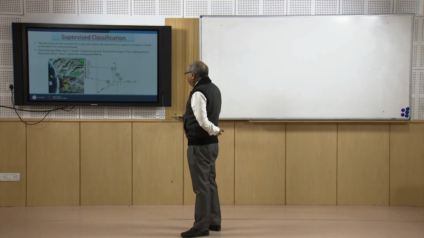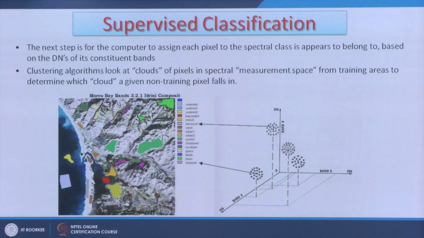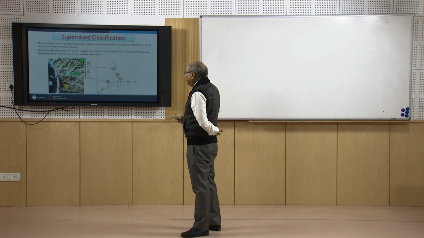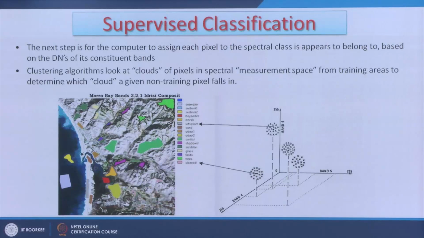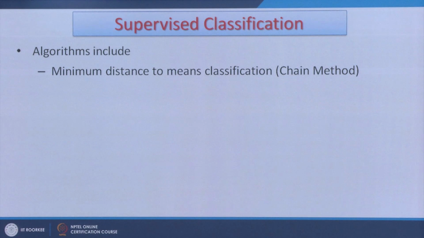Likewise here, this is schematic, not exact for this image, but just for explanation: this color is indicating that these areas have been cleared off. So they have different spectral characteristics. This area, wave surf areas, have different characteristics, and these clusters in 3D space can be seen. So once it is done, then an algorithm is used.